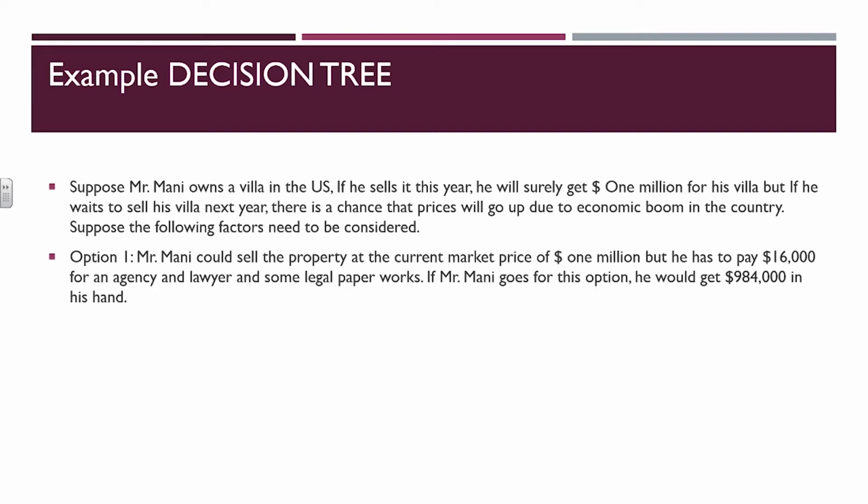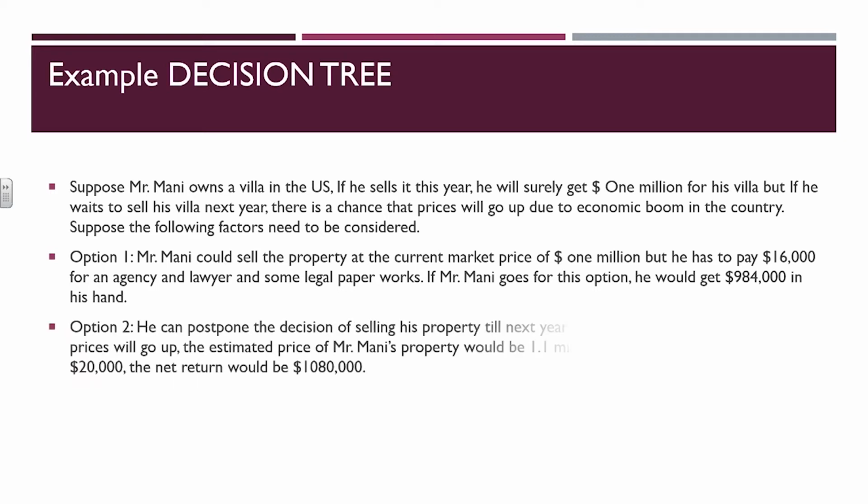If Mr. Mani goes for this option, he could get $984,000 in his hand. Option 2. He can postpone the decision of selling his property till next year. There is a 70% chance that real estate prices will go up. The estimated price of Mr. Mani's property would be $1.1 million, but the cost would also rise to $20,000.